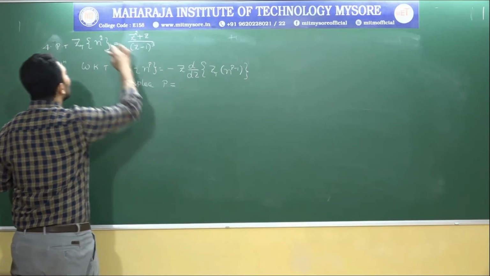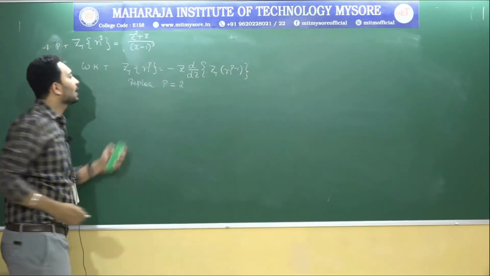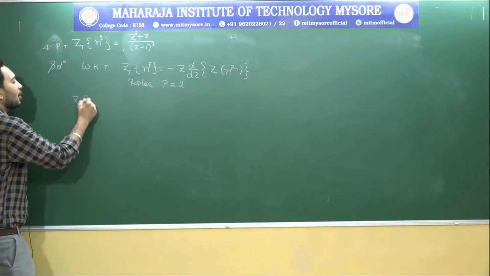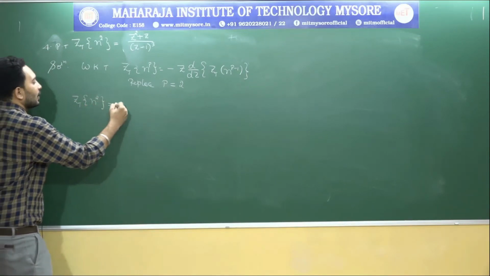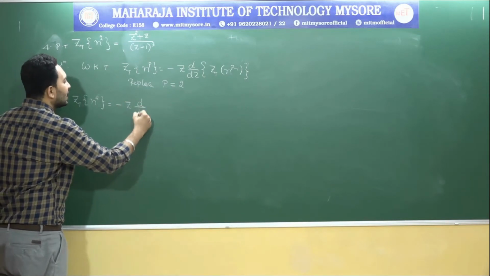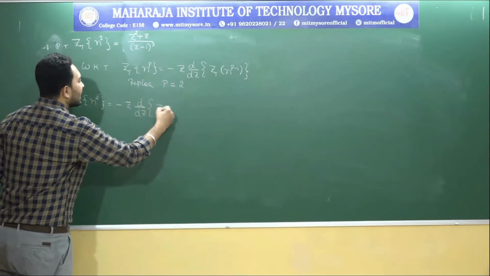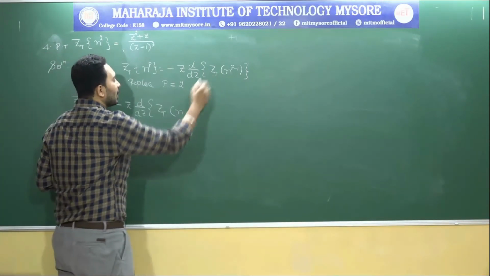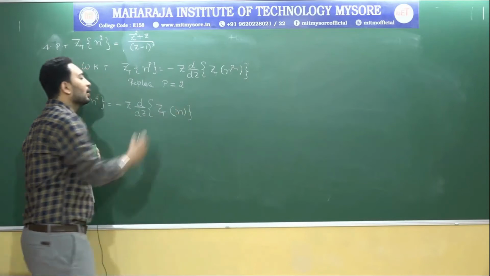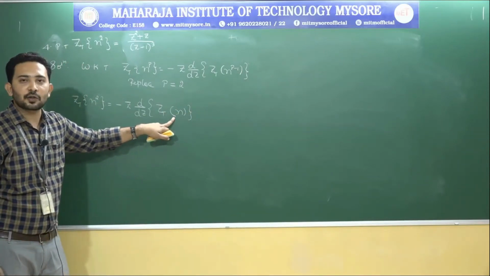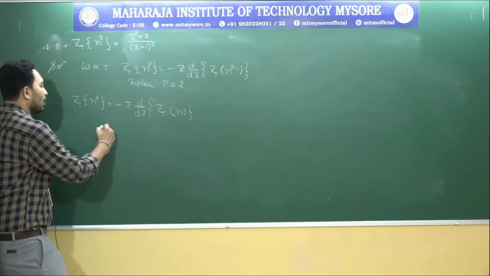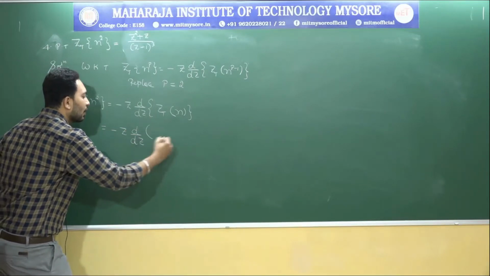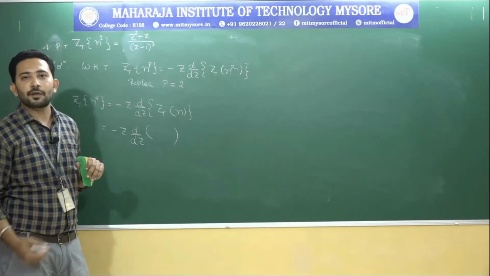Replace p by 2. We'll get the z transformation of n square equals minus z d by dz of the z transformation of n power p minus 1. So n power 2 minus 1 is n only, so we'll remain with minus z d by dz into the z transformation of n.